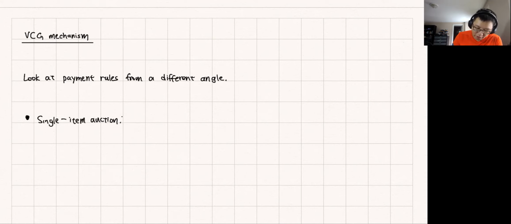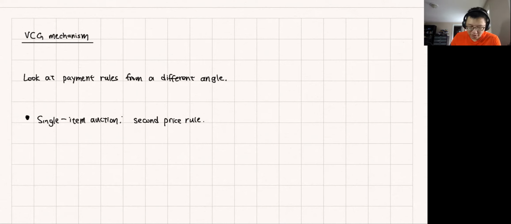In a single item auction, the payment rule that's DSIC is the second price rule. That is, the winner is the one who bids the most, but they pay the second price. But what is the meaning of the second price?